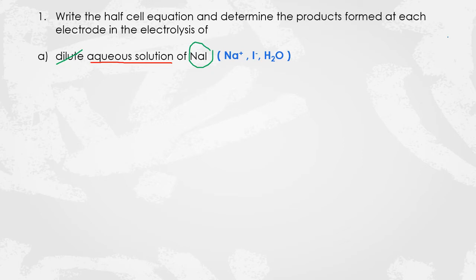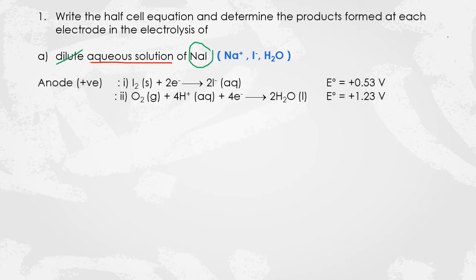As for anode, we know that anode is going to be the positive terminal. So positive terminal will attract negative ions, which in this case are anions. So the possible ions that will be discharged at the anode could be iodide and also water.